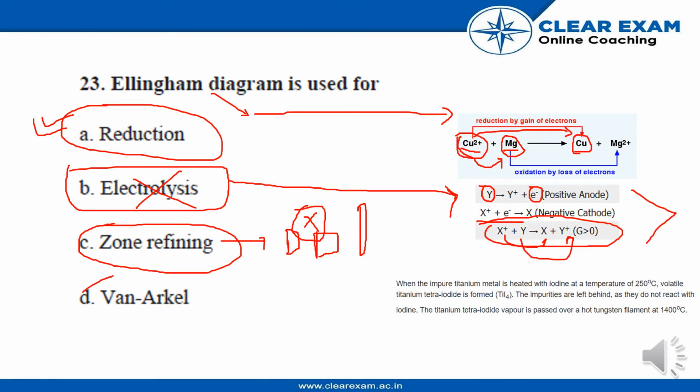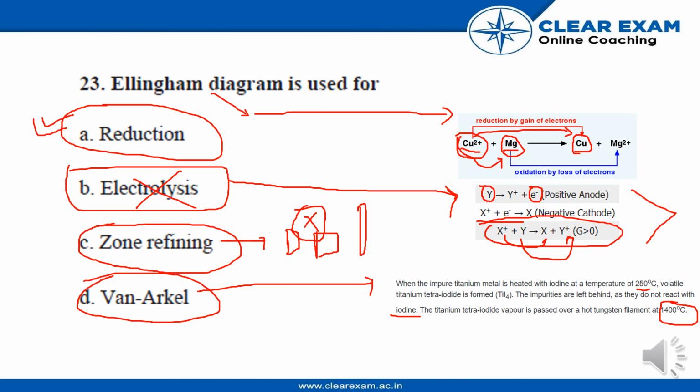As for the Van Arkel method, the impure titanium metal is heated with iodine at a temperature of 250 degrees Celsius, forming volatile titanium tetraiodide, TiI4, while impurities are left behind and do not react with iodine. The titanium tetraiodide vapor passes over a hot tungsten filament at 1400 degrees Celsius.